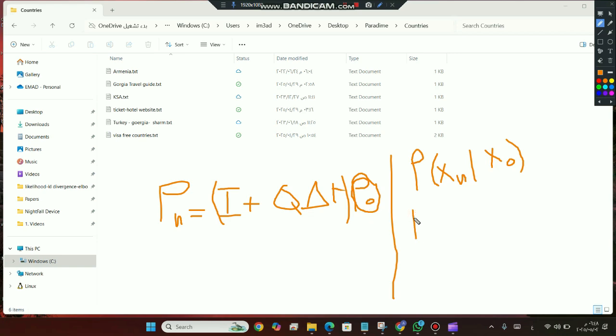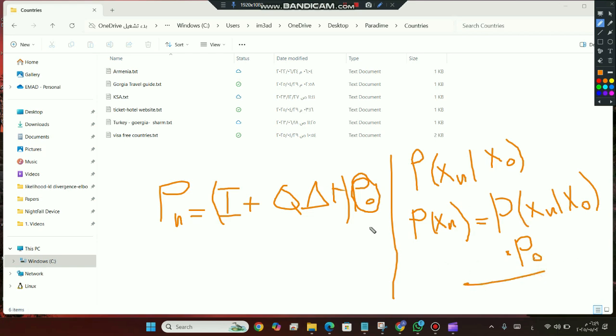Because we know that the probability of x new, or I call it p new, will equal the probability of x new given x old, multiplied by the probability of x old, or I call it here p old. Normal probability multiplication.